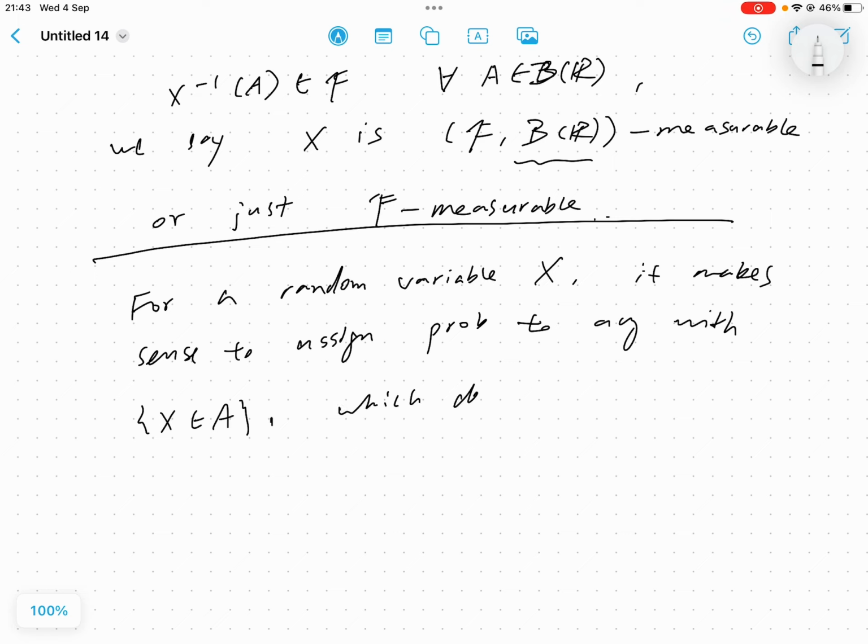So this defines the distribution of X itself, right?